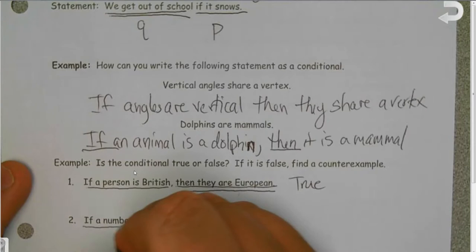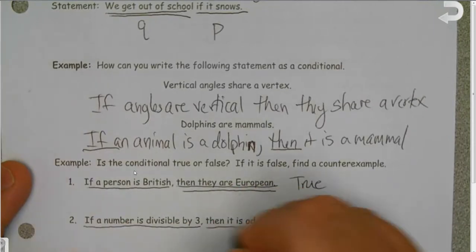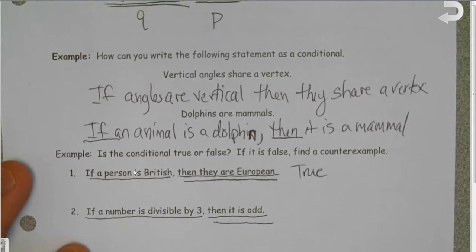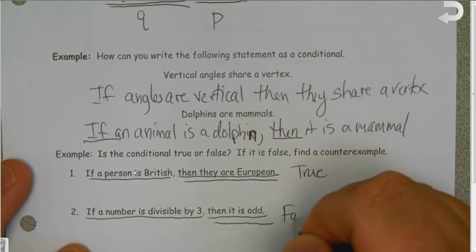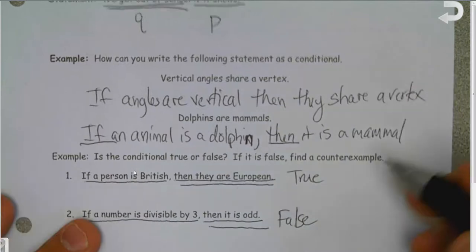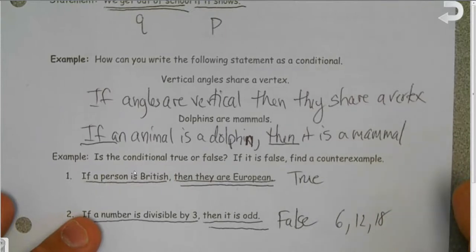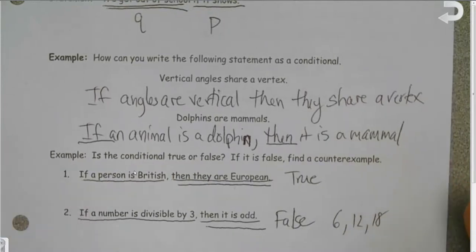If a number is divisible by 3, then it is odd. Is that always true? No. Hopefully you've thought of a number: 6, 12, 18, and so forth. So sometimes you have to look at conditionals, say if they're true or false, and then give an example that proves they're false.